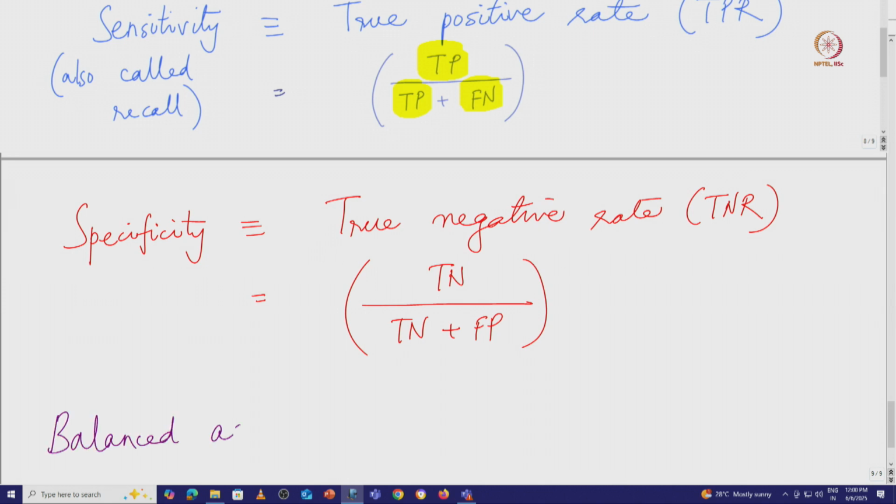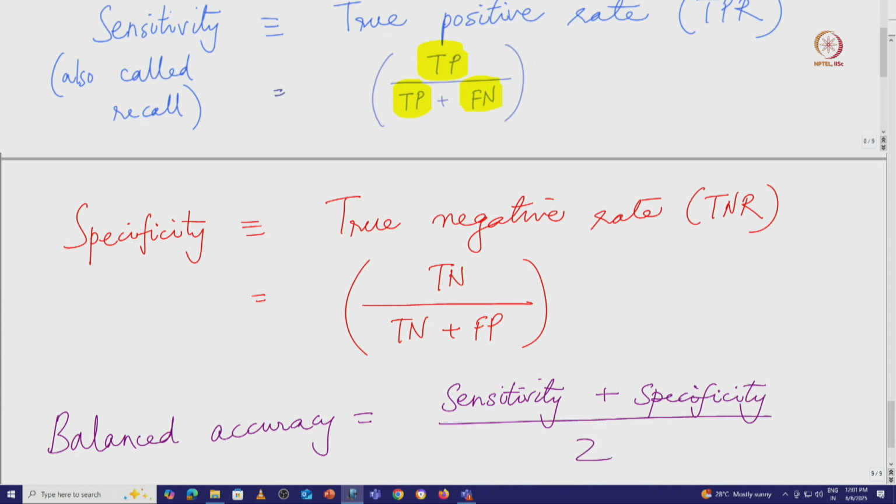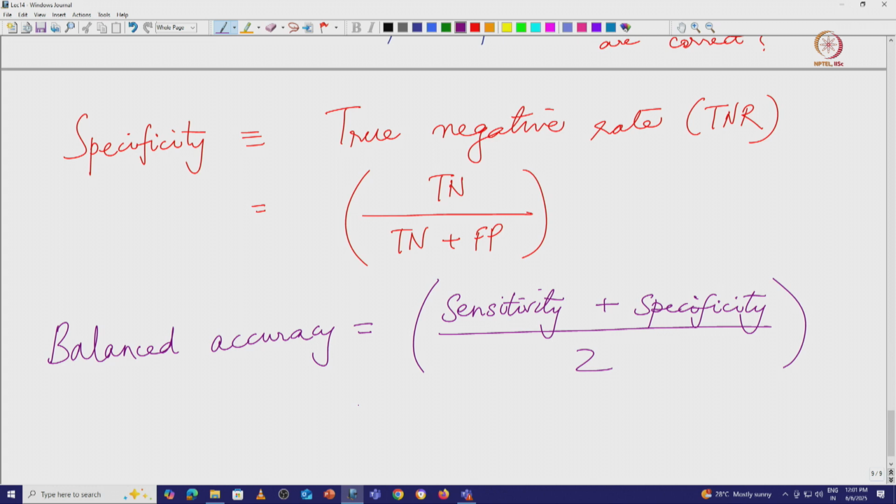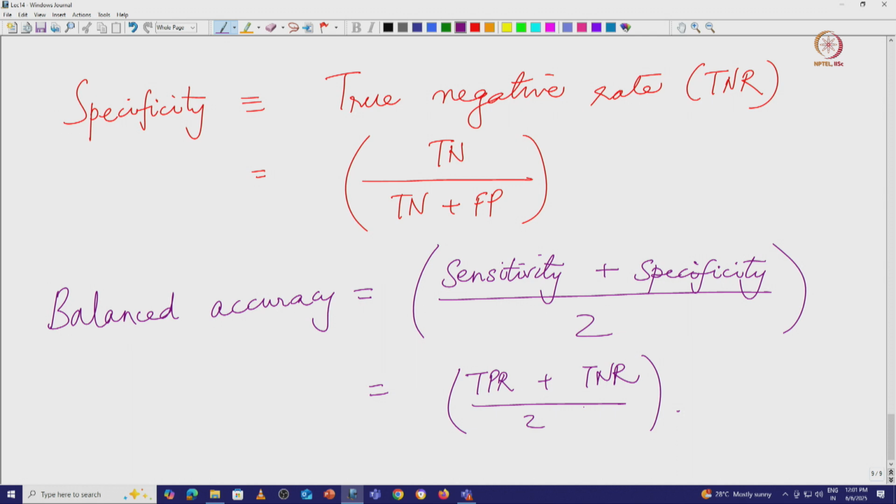The balanced accuracy is given as the average of the sensitivity and the specificity, that is, TPR plus TNR divided by 2, and this is very useful in imbalanced data sets.